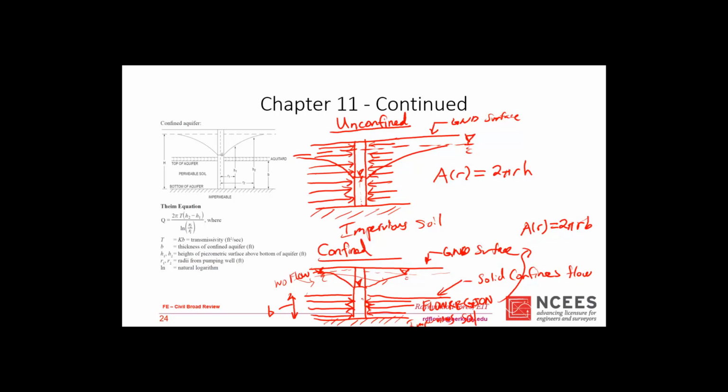Because you only have this portion where we expect the flow to be, and that would be the area of the entire thing. The other reason for that is because we're expecting that the water table is going to be above the solid region. If it weren't, then this equation would have to be similar to this.